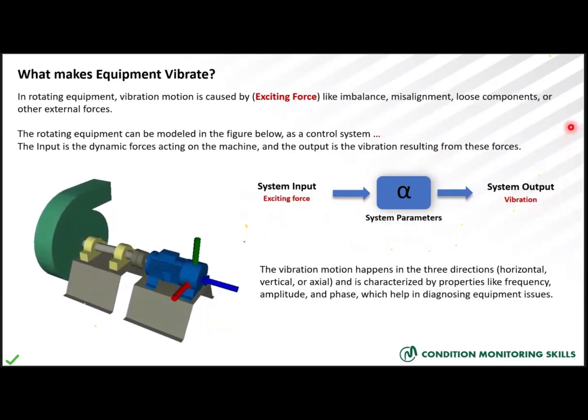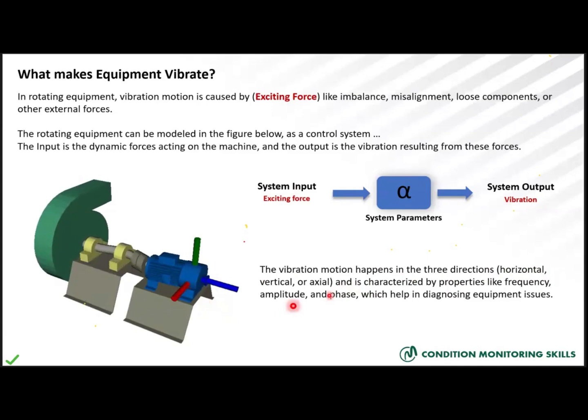Usually, the vibration motion happens in three directions: horizontal, vertical, and axial, in three dimensions. And it is characterized by properties like frequency, amplitude, and phase.